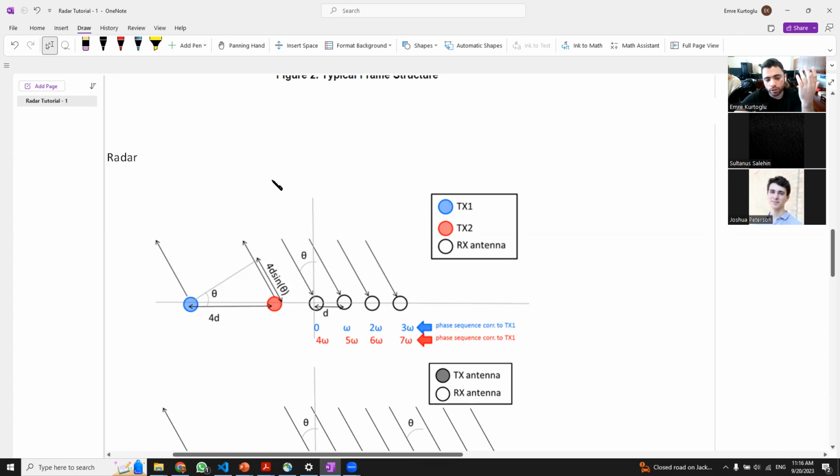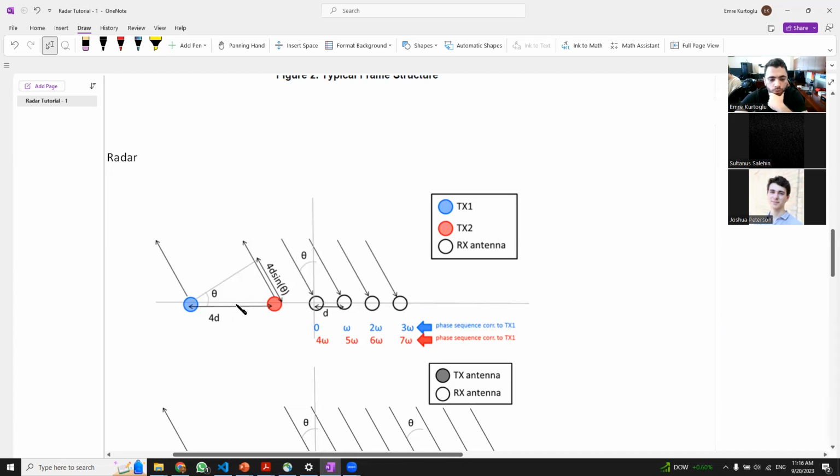Now, in our radar platforms, we have two transmitters and four receivers. The angle resolution that you have in your radar platform is proportional to the number of receiving antennas you have in your radar system, like how many channels you have. Here it looks like we have four receiving antennas, but actually we can make it act like eight antennas because we have two transmitters.